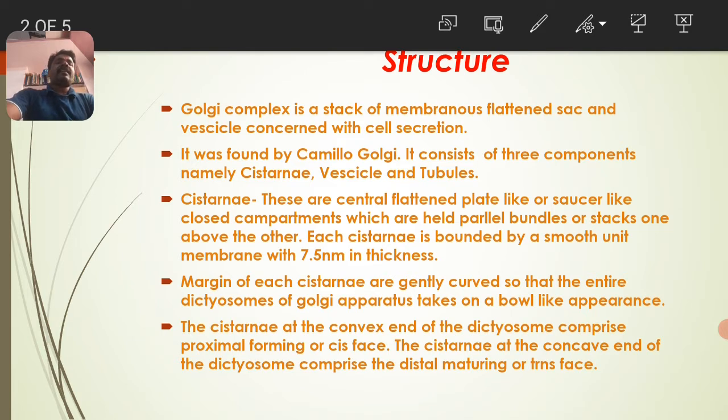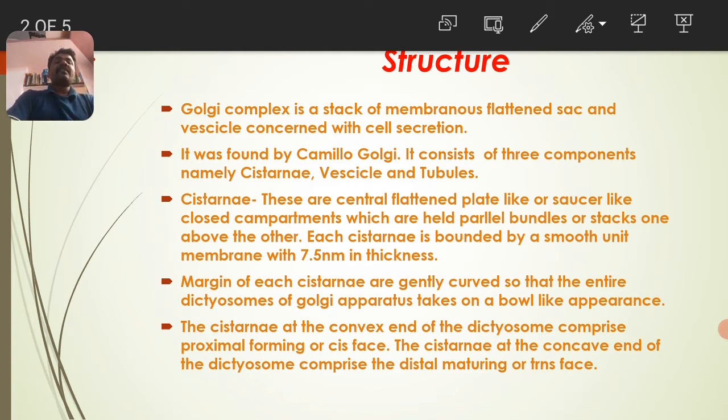I think these three names are familiar to you because in the last class the endoplasmic reticulum components were also of three types: cisternae, vesicles, and tubules. The first one is cisternae.